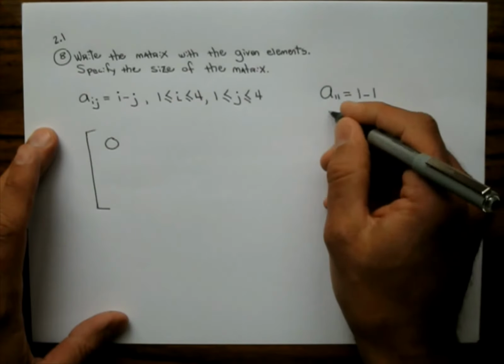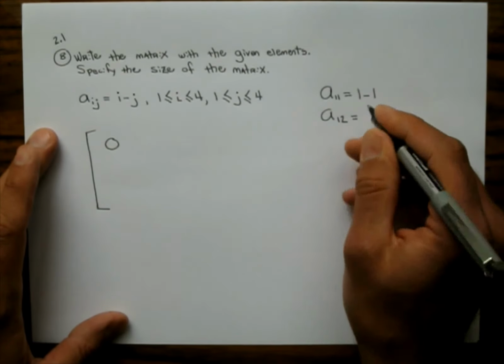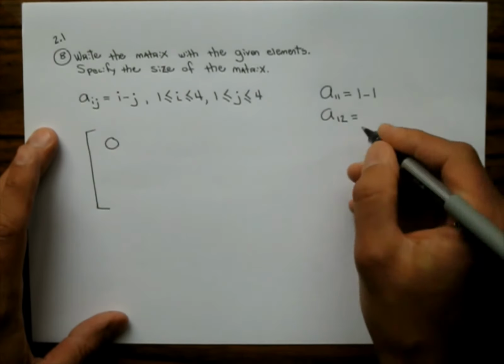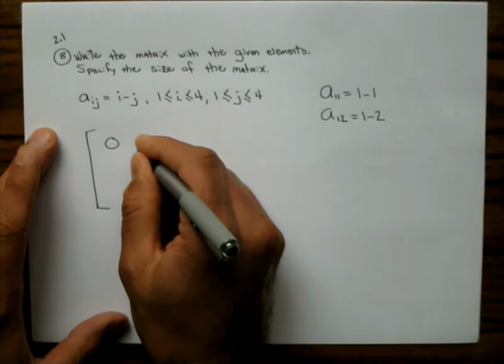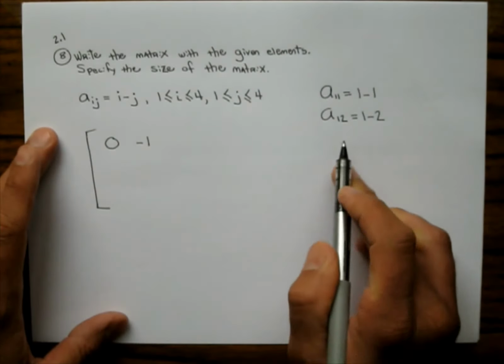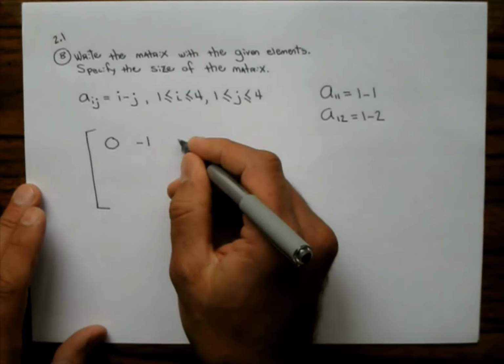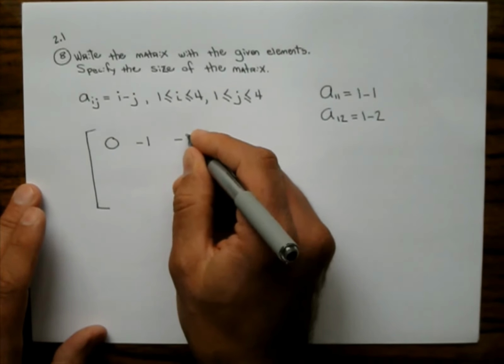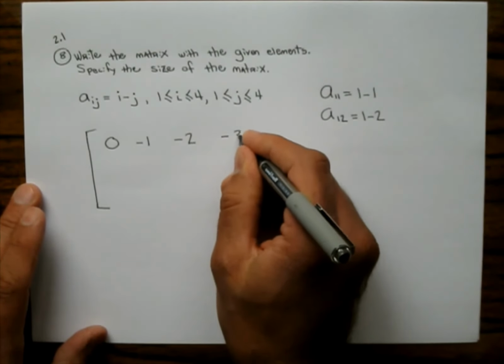And then A12 is 1 minus 2, which is negative 1. I'm not going to write them all down. A13 is going to be 1 minus 3, which is negative 2, and A14 is 1 minus 4, which is negative 3.